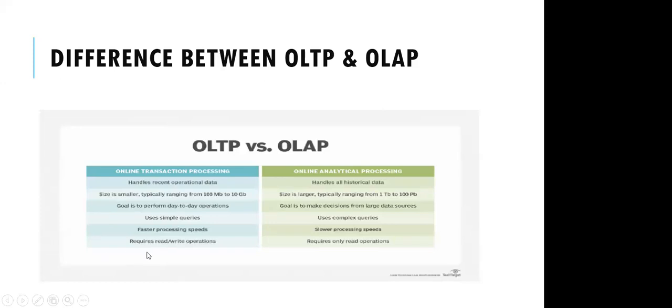And speed-wise, OLTP has a faster speed compared to OLAP. Why? Just consider that we buy a new mobile, a 256 GB mobile. In the initial days, it runs very fast. But as days go by, I keep loading more photos, videos, and huge files.